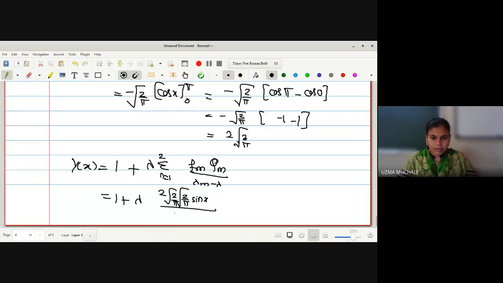That is nothing but the second value is minus 2 by pi minus lambda, and hence we get the result. You can multiply this. This will be 4 upon pi into sin x, divided by this term. Okay.